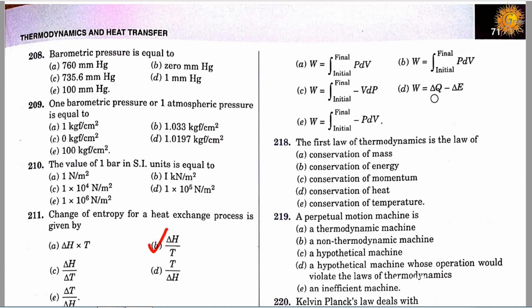Option D is W is equal to delta Q minus delta E. Option E is W is equal to integration final initial minus PdV. Correct answer is C. It will be W is equal to integration final initial minus VdP.